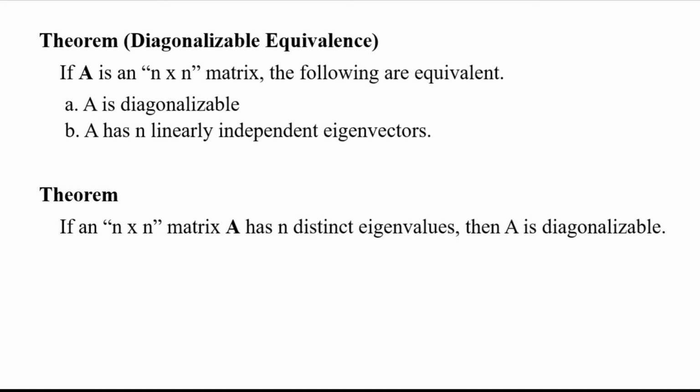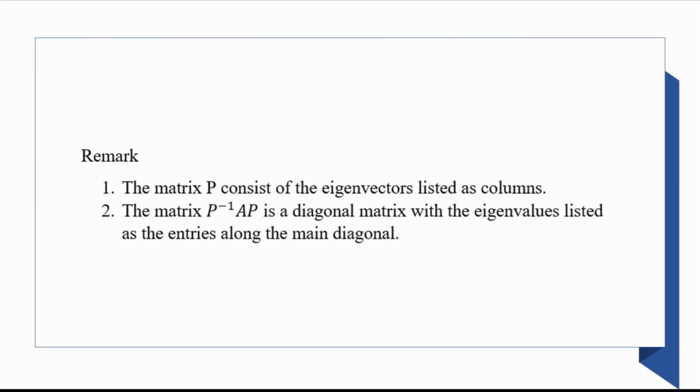A is diagonalizable, and A has n linearly independent eigenvectors. Well, that's something that we talked about. This next theorem: if an n by n matrix has n distinct eigenvalues, then A is diagonalizable. That's pretty cool to know, I guess.